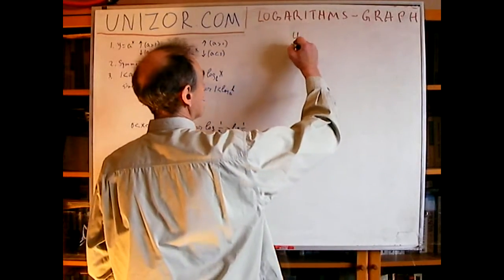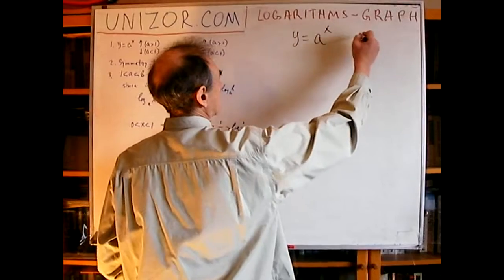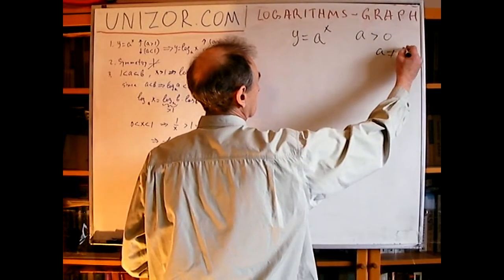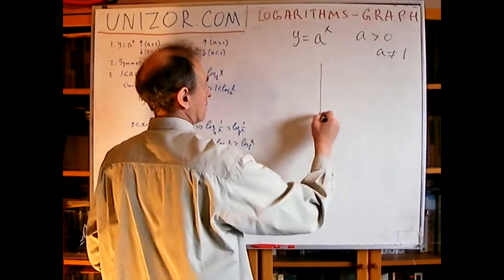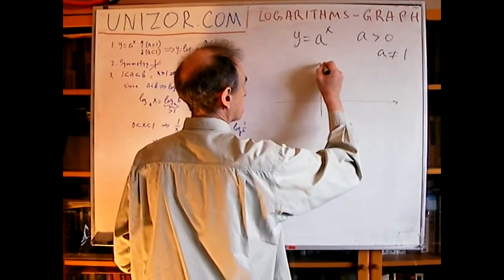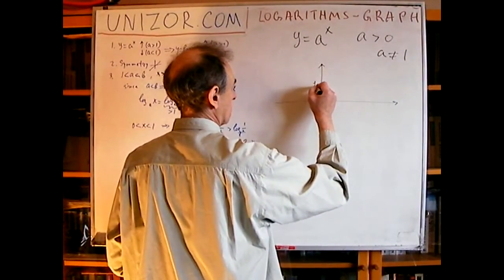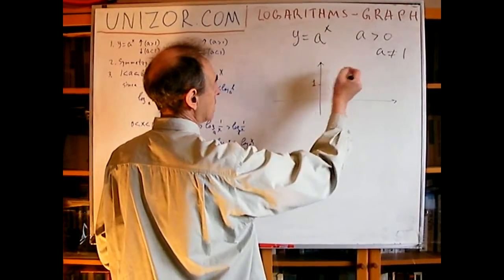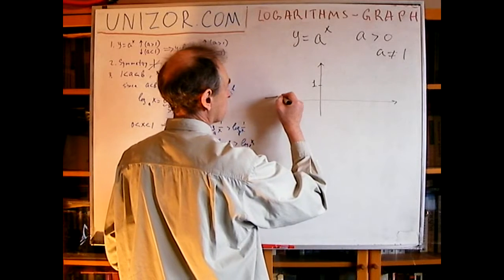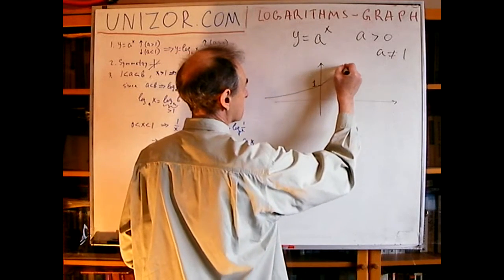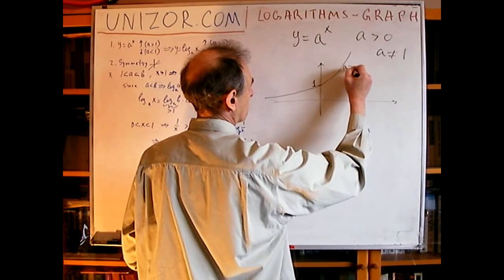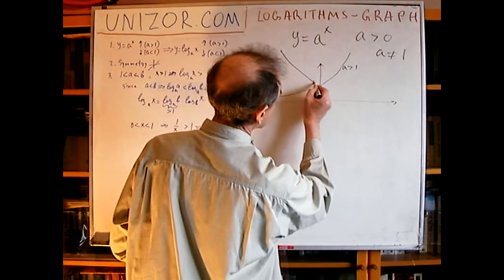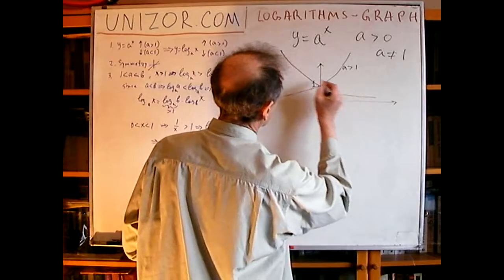So if this is the exponential function, its graph for a greater than 1 goes like this, and for a less than 1, it goes like this.